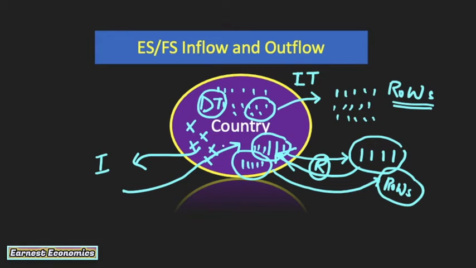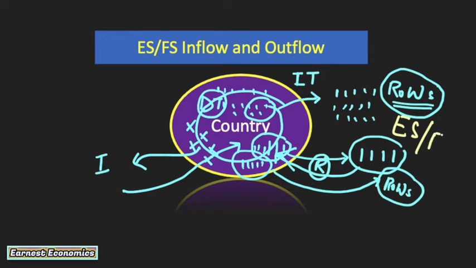So the point here is that individuals in a particular country have a lot of different economic relationships with individuals and firms belonging to other countries, and all other countries together, we call the rest of the world sector. And this rest of the world sector, we call it external sector, and we may call it foreign sector.